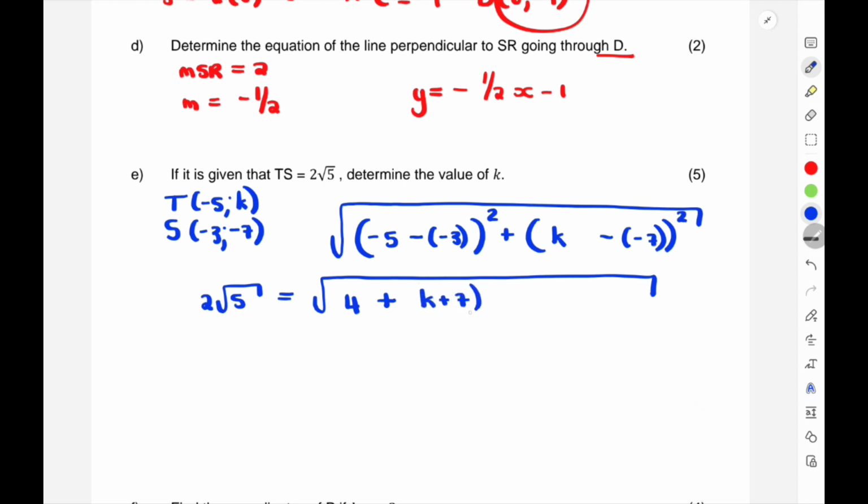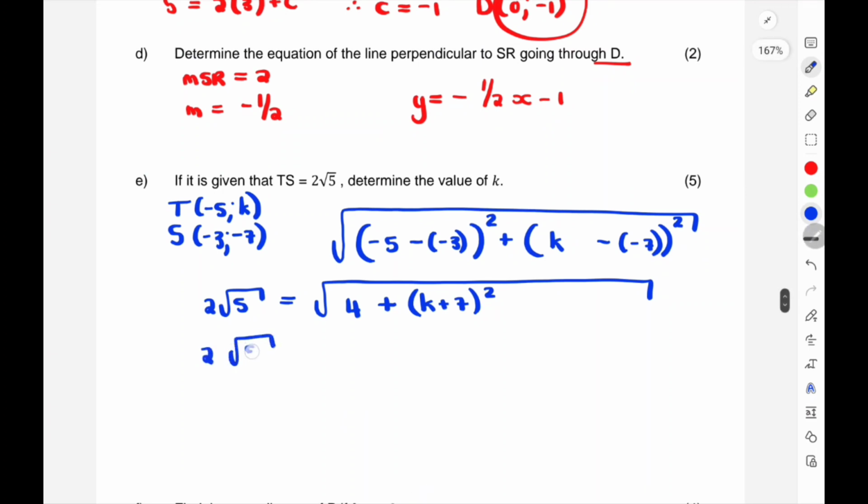Now I want to simplify this. 4 plus, and because it's a plus, it's not going to change my sign, so I can just leave off the brackets.